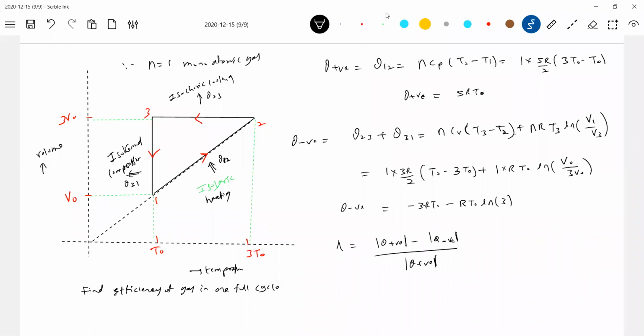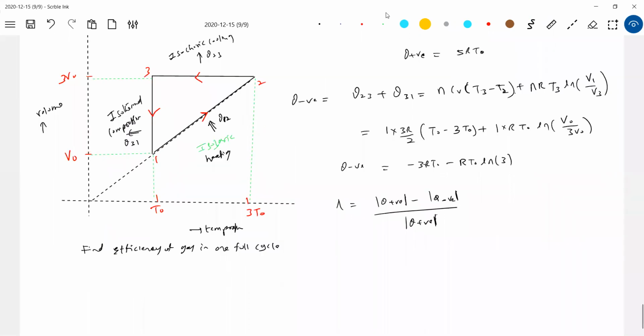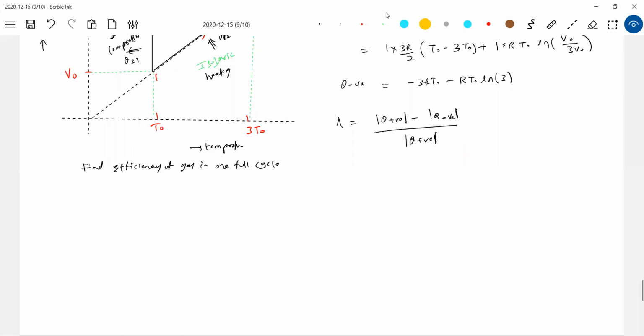So it's not a general thermodynamic process. Again, some of you are still asking, sir, why is it not a general process? Look at volume versus temperature: a straight line passing through the origin. If a straight line doesn't pass through the origin, then it becomes a general process.